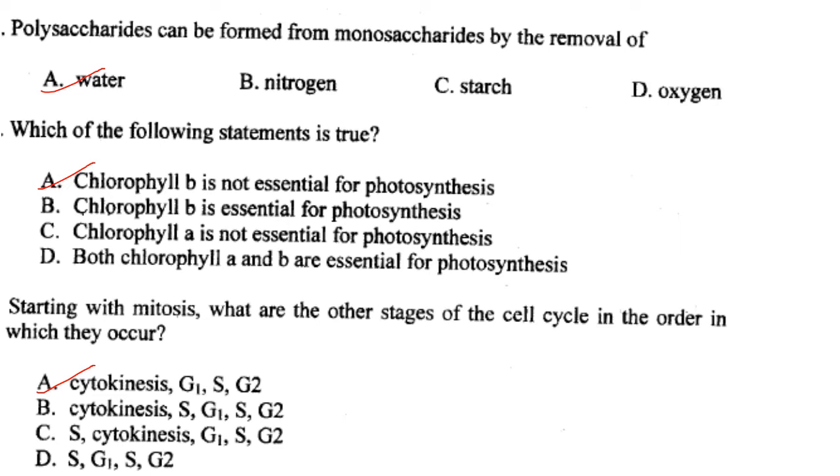And all organisms that perform photosynthesis have chlorophyll A, but not all organisms contain chlorophyll B. And chlorophyll A is the most important pigment in photosynthesis. So the answer here is chlorophyll B is not essential for photosynthesis.